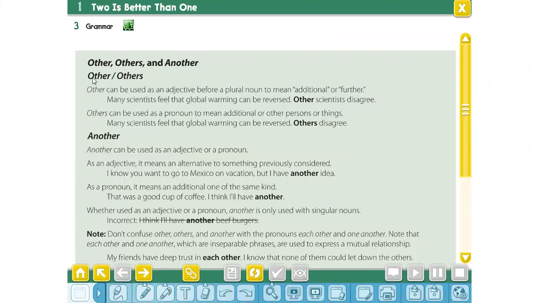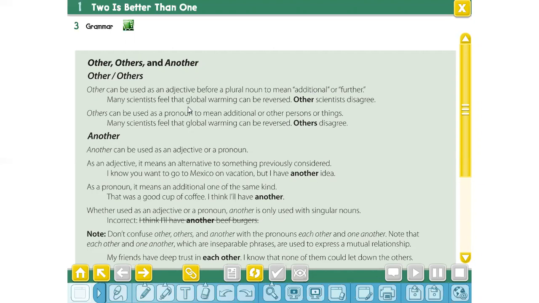At the beginning, we differentiate between other and others. Other can be used as an adjective before a plural noun to mean additional or further. So when we use other, we use it as an adjective. So it must be followed by a noun to mean what? To mean additional or further. Like what? Many scientists feel that global warming can be reversed.